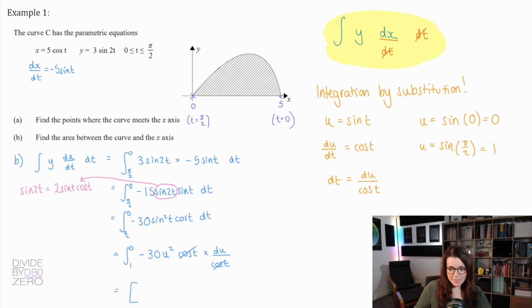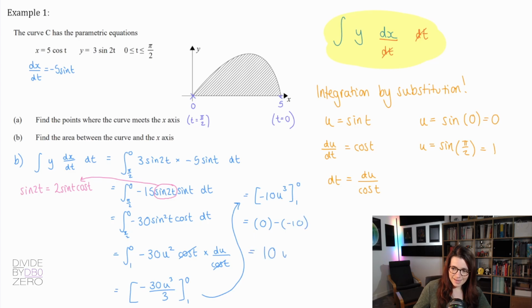So that's a pretty nice integration at this point. That's just minus 30 u cubed divided by 3 with the limits of 1 and 0. This is the same as just minus 10 u cubed with those limits. So then all that's left to do is to sub the limits in. And when you do that, you end up with 10 units squared for your final answer.